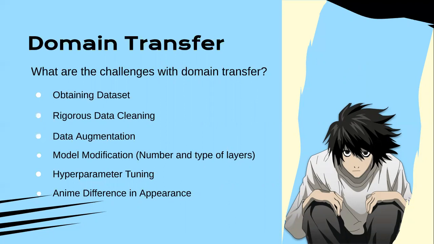And then we'd also need some data augmentation in order to increase our data set. And we need to, of course, do model modification and hyperparameter tuning to make it compatible with our domain. And then we also face some challenges, as enemies are actually different in their appearances, so the model was a little bit confused because of that.